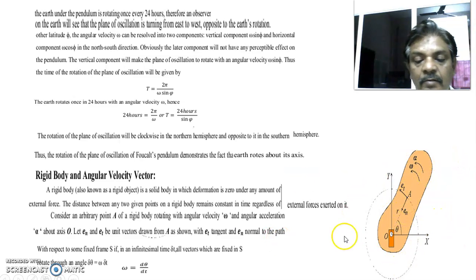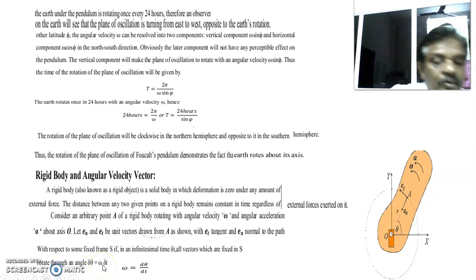to the body. Now, with respect to some fixed frame S, for an infinitesimal rotation, a small angle d theta is rotated, then d theta is equal to omega into dt. Displacement is equal to velocity into time.